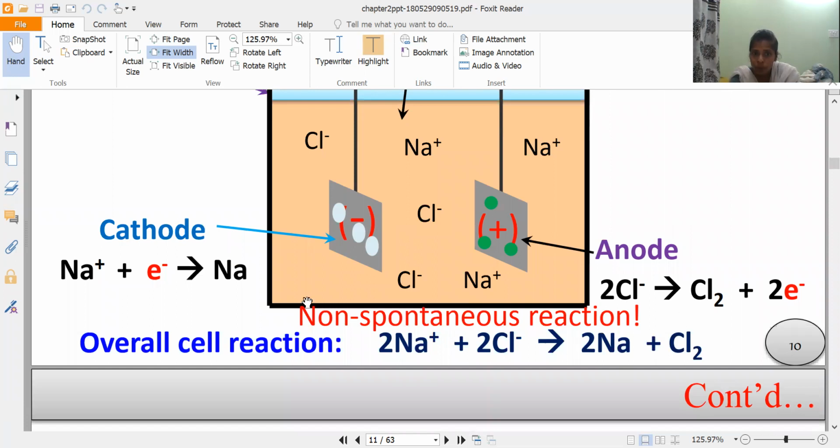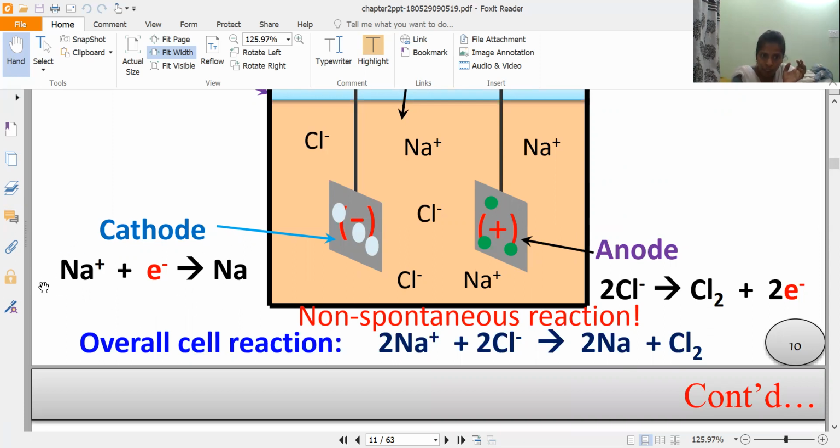By adding these two reactions, we will get the overall reaction. I said in yesterday's class how to add the two reactions: adding the reactants, adding the products. So when you add the reactants and the products, we should not write the electrons in the overall reaction. So to balance the reaction, multiply this with 2.